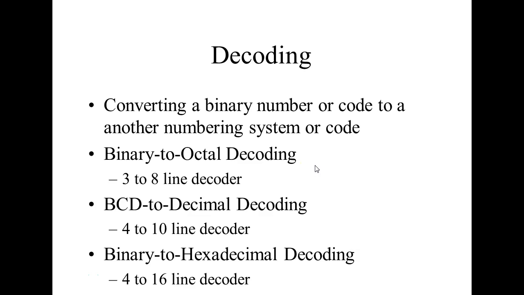So a decoder converts a binary number or code to another what? Numbering system or code. So we got a binary to octal, or it's also called a 3 to 8 line decoder. We have a BCD to decimal, which we'll see in the data sheets, they call it a 4 to 10 line decoder. And then we got a binary to hexadecimal decoder, which is a 4 to 16.